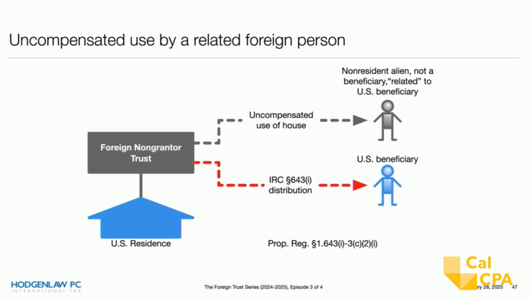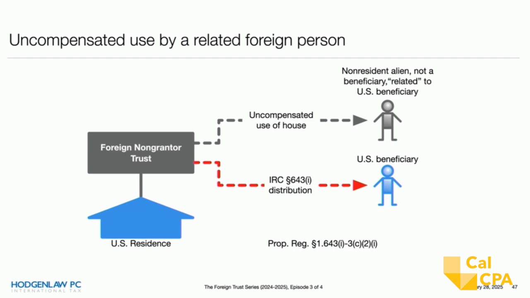But if you use the default method, you're in a world of trouble because every distribution, doesn't matter what it is, even distribution of capital will be taxable either as ordinary income or as an accumulation distribution. So if you are locked into the default method for this U.S. beneficiary, somebody else could go use the condo in Vail and create a tax liability for the U.S. beneficiary who is sadly unaware of it.